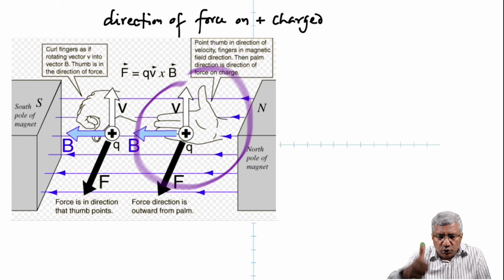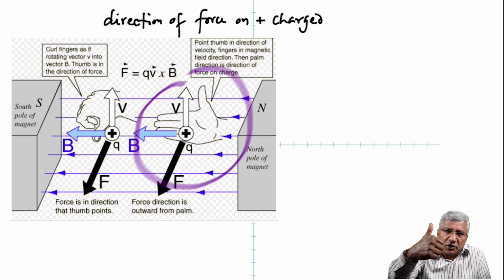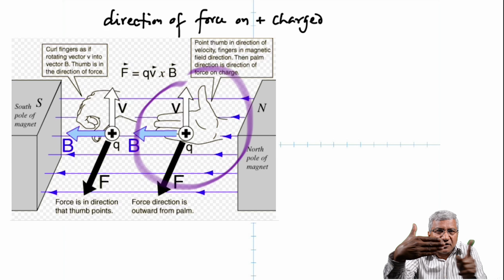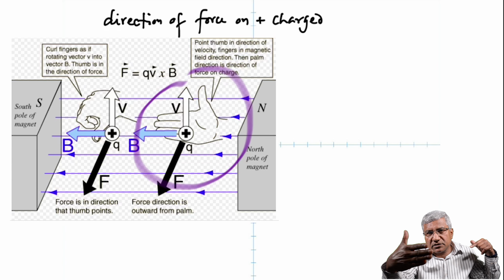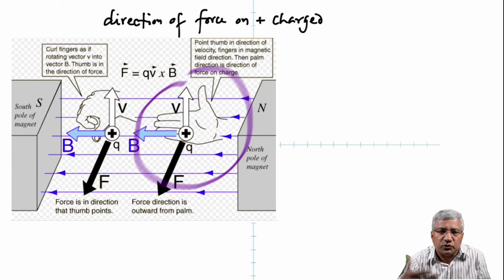All right. So we are talking about a positive particle now. This only applies to a positive particle. The thumb gives the direction in which the velocity is. The fingers show the direction of magnetic field. The palm outwards gives the direction of the force. That's only for a positive particle.